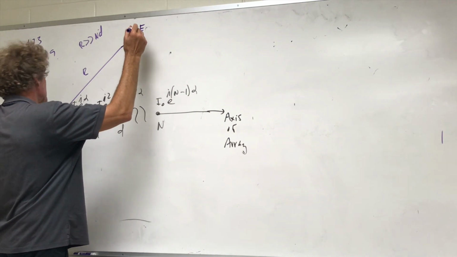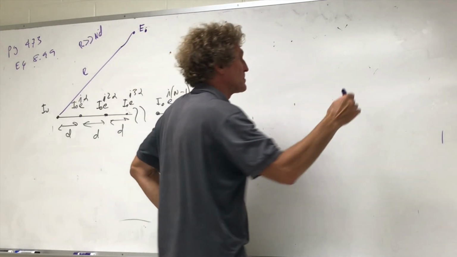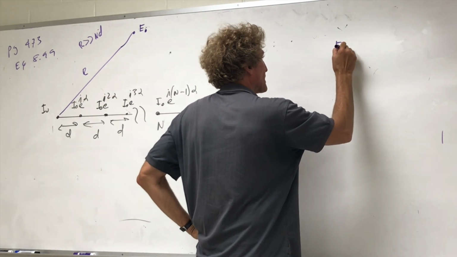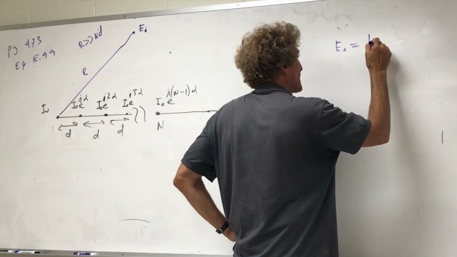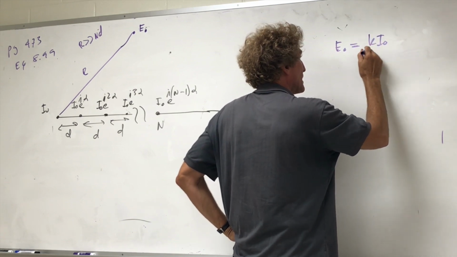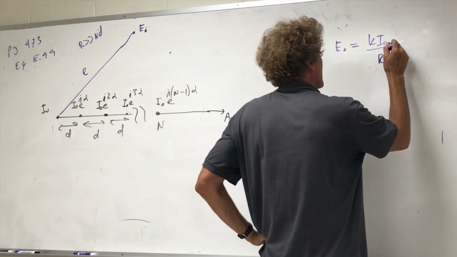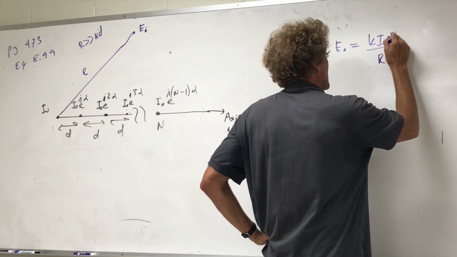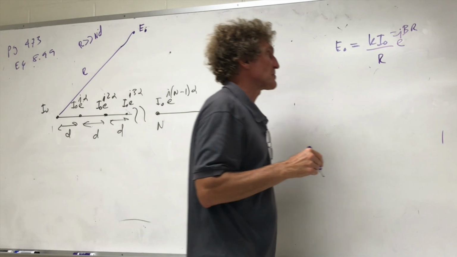All right, I'll call this E0, the field from any element. The way it's normally done is they just say it's equal to K times I naught, divided by R, and then there will be a phase, e to the minus j beta R. You'll notice there's no angular function here.